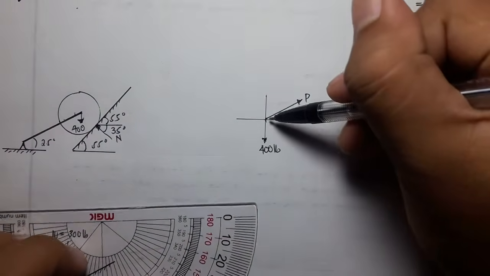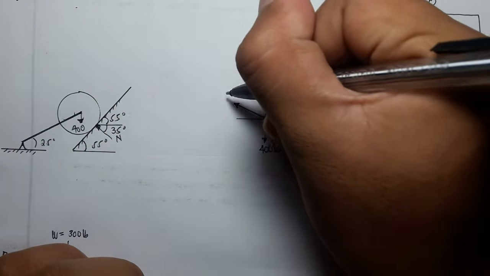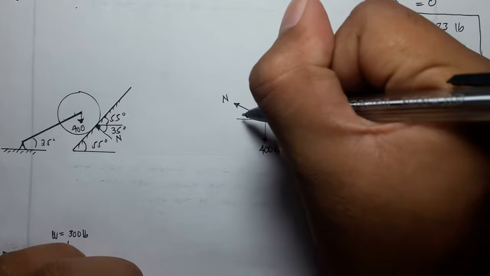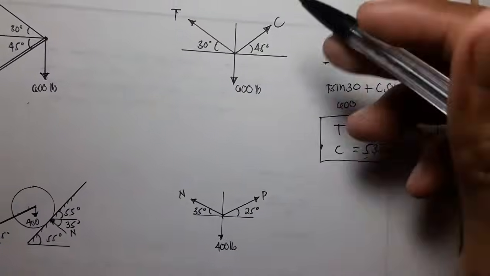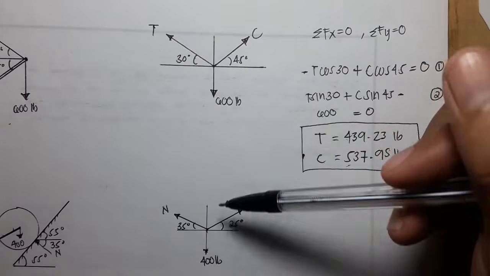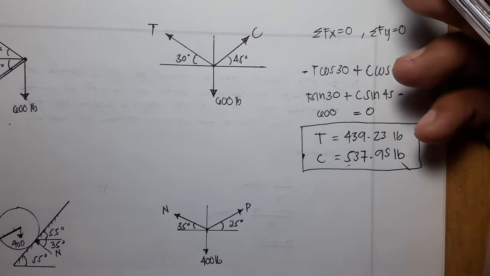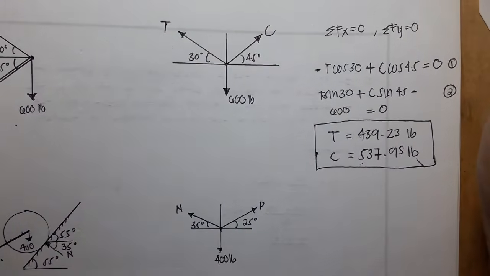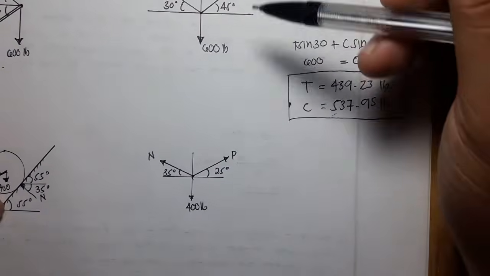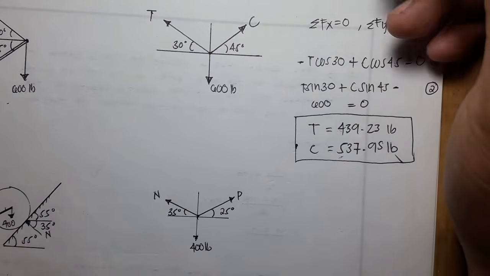So our N is 35 degrees. As you notice, if we look at these two, it is just the same FBD. You will just need to imagine it. If you have a good imagination, you can just play with the force system.